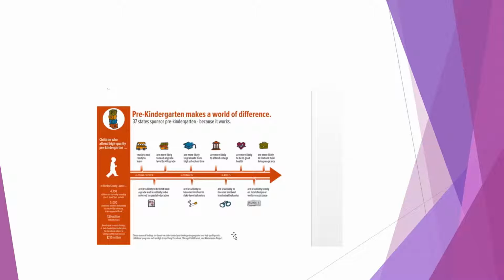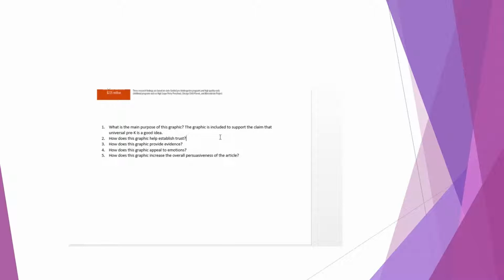That's a really good thing that they do to establish trust, because if they give you where they got the information from, you can go and check it. And so you know that they're trying to be open and honest with you, and that helps establish trust. So I'm going to put the author cites where she got the information from. And that helps establish trust.